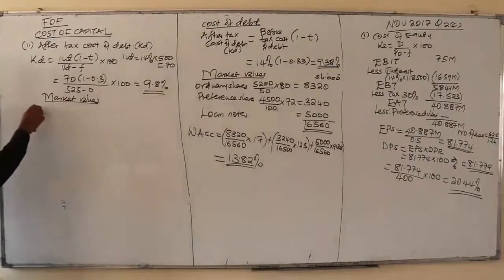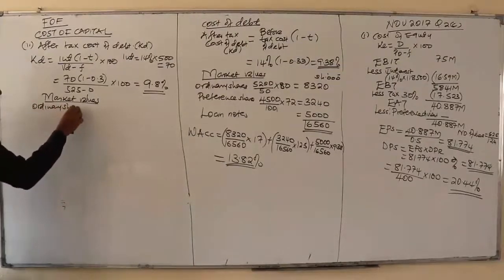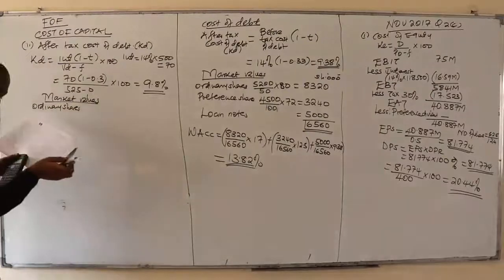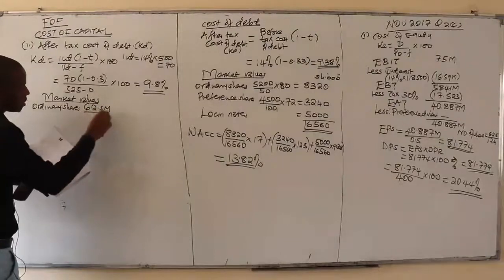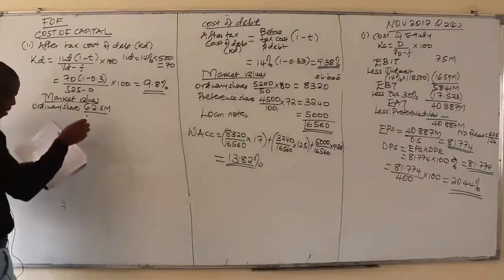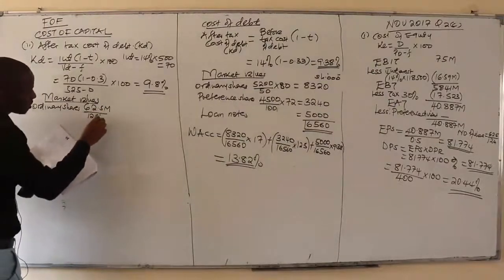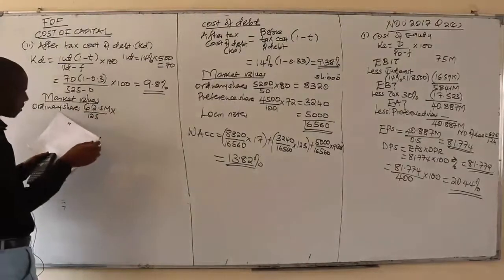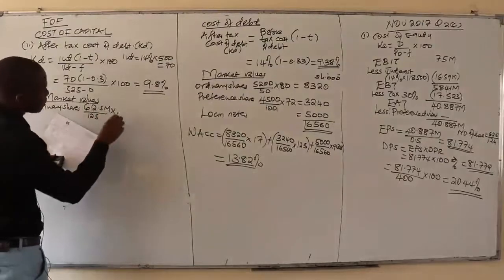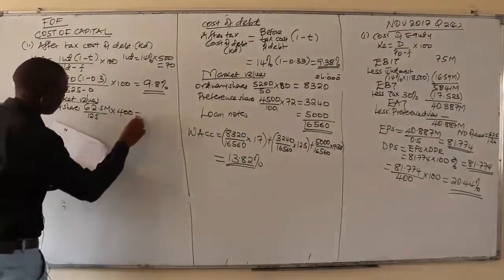So we can now look at the market values. And market values, we begin with the ordinary shares. And for the ordinary shares, we said is 62.5 million. That is 62,500,000. You divide by 125,000 par value of the shares. And then you multiply by the market price, which is 400. Get the value.